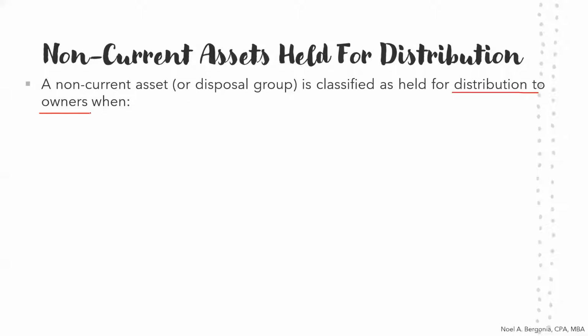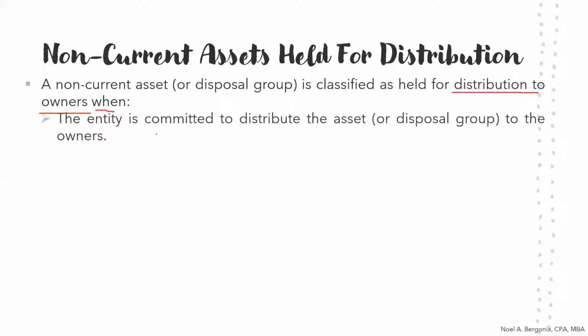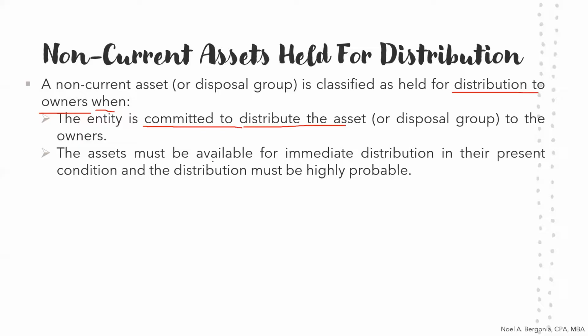So it is possible that our non-current assets can also be distributed to the owners when, number 1, the entity is committed to distribute the asset to the owner. There should be a commitment to distribute that asset or disposal group to the owners. Then the asset must be available for immediate distribution in its present condition, and the distribution must be highly probable.